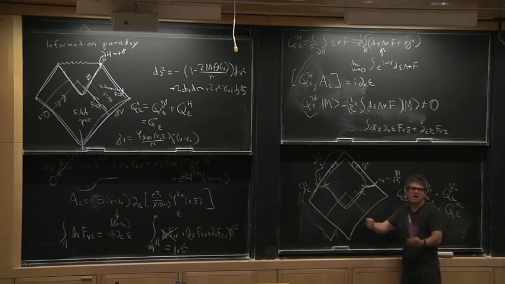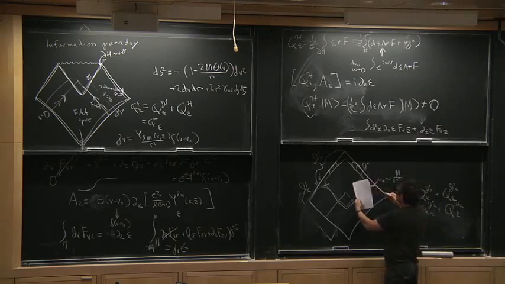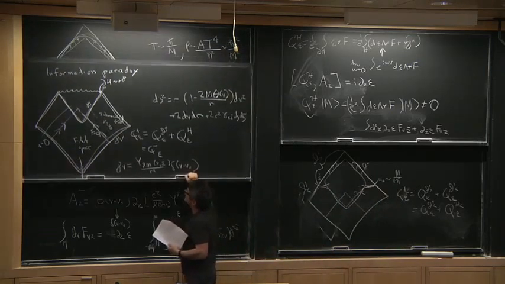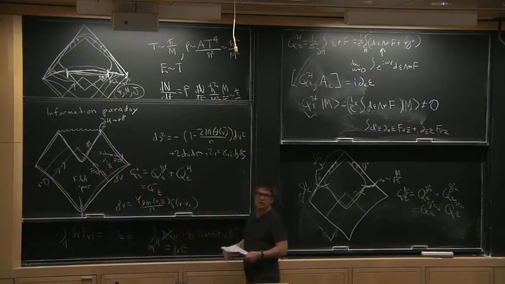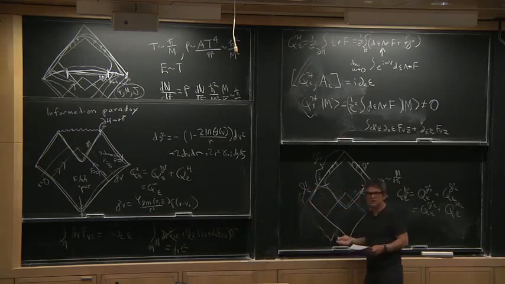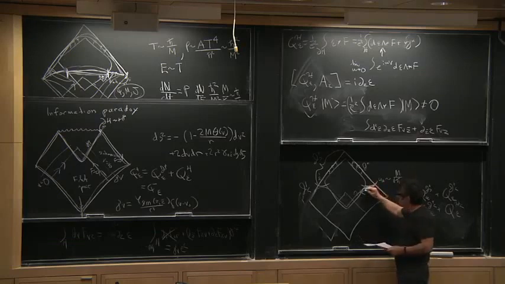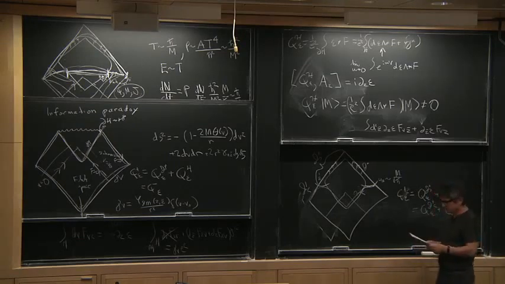But if this is a parametrically long time in h bar, I don't need to put it, and I assume that everything is settled down before the Hawking evaporation turns on. That is effectively the analog of this point here, and nothing is happening there. In other words, to an approximation which gets better and better as h bar goes to 0, H lesser and Scri plus lesser are a Cauchy surface for everything that comes before. And that's good enough for me since we're doing an expansion in h bar.